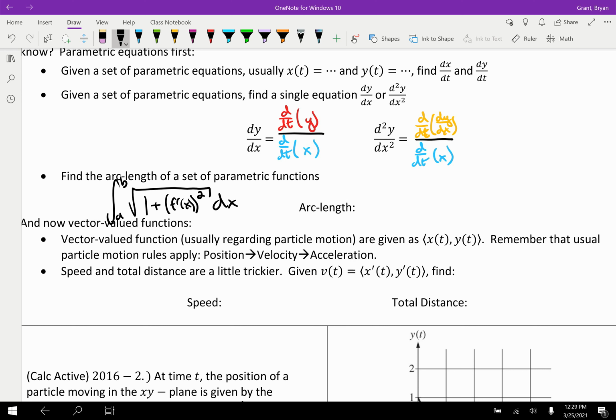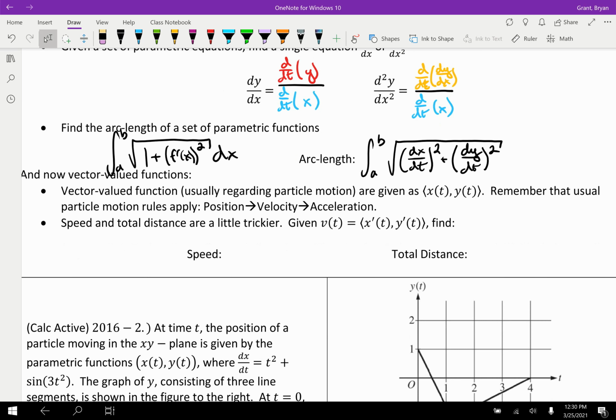With parametric functions, and that is based off of the Pythagorean theorem, because we have 2 separate derivatives, we essentially do the same thing. It's just the first derivative with respect to t. So the derivative of the x component squared plus the derivative of the y component squared.